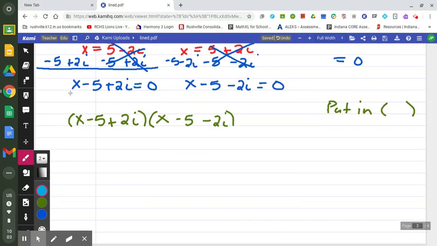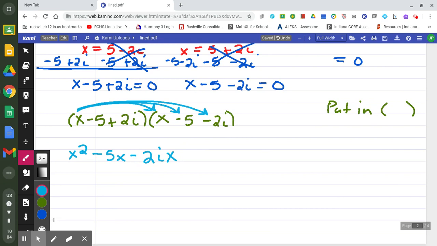So I have x times x gives me x squared. Then I have x times negative 5, so negative 5x. And then x times negative 2i. And we're going to write it like this, so we're all the same. Negative 2ix.